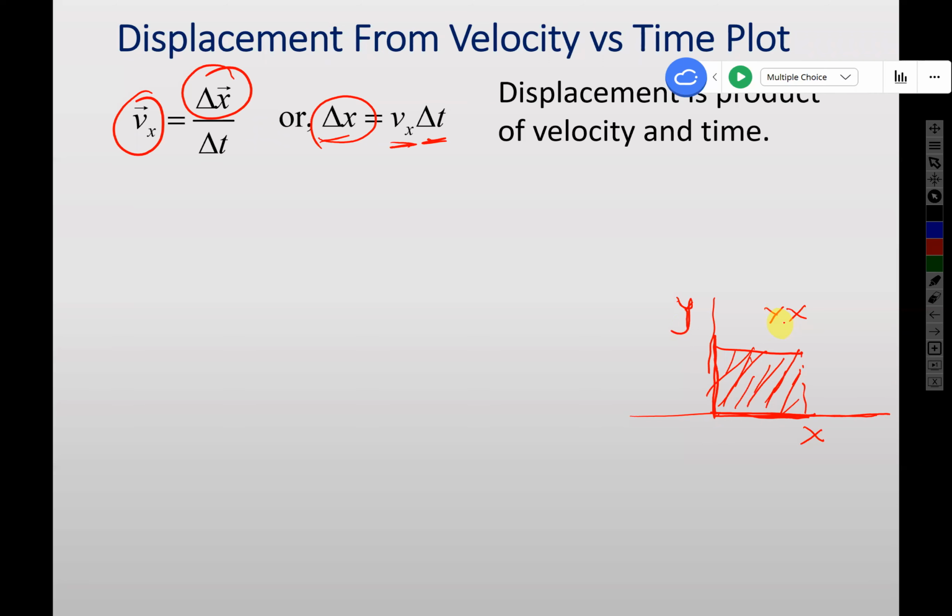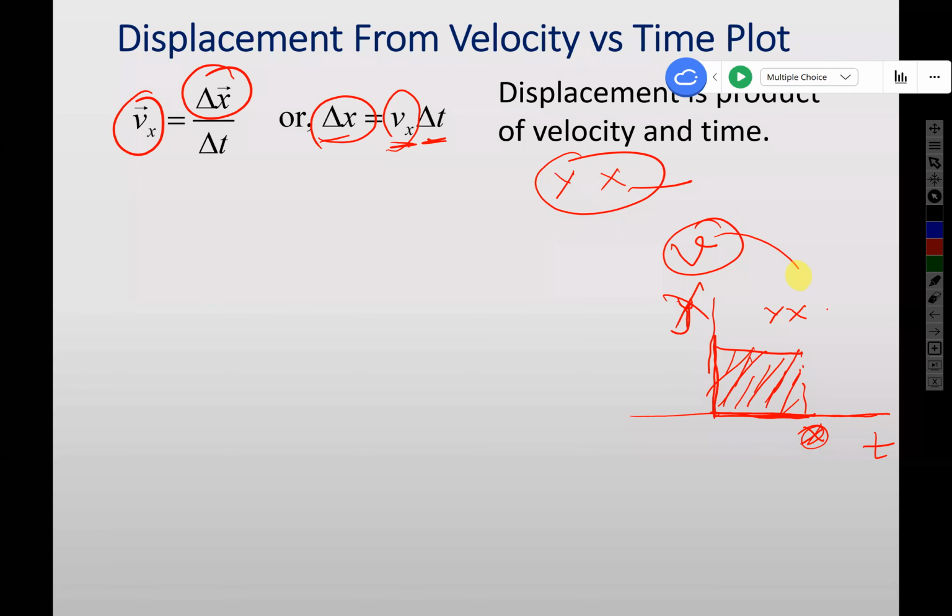Now, here what we see is you are given y times x, and you are being asked what product means. It's an area, right? Now, here, instead of y you have v, and instead of x you have t. So what is the product of v and t?